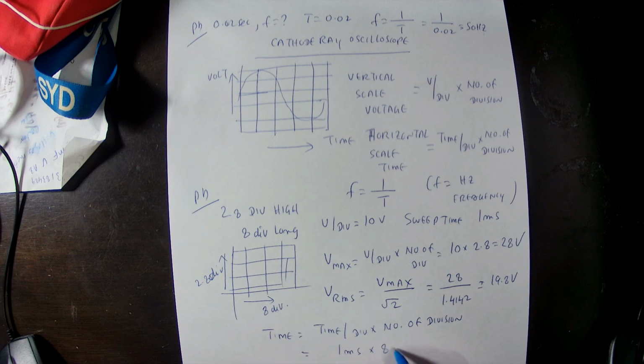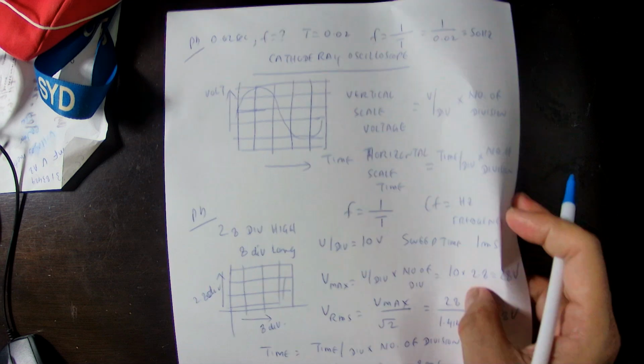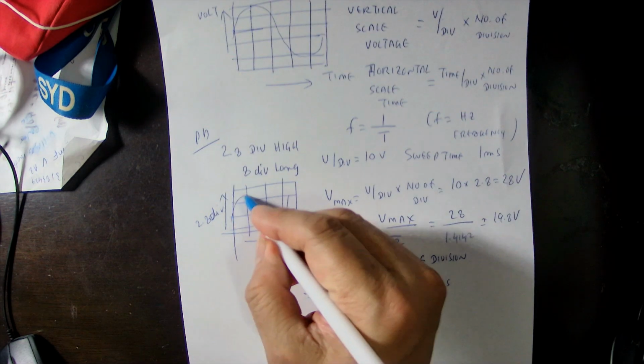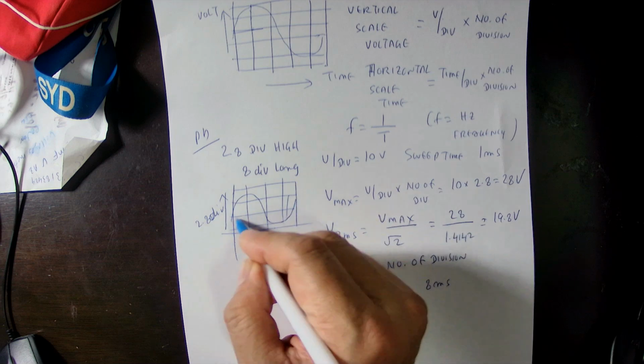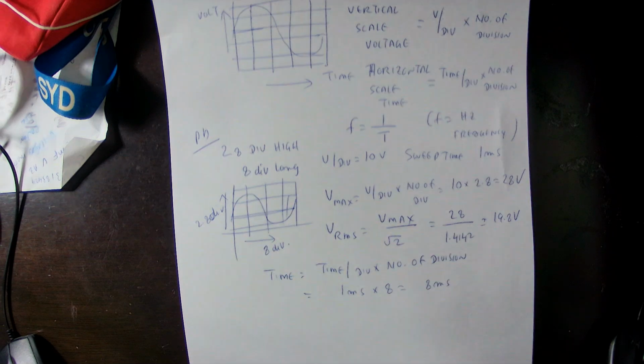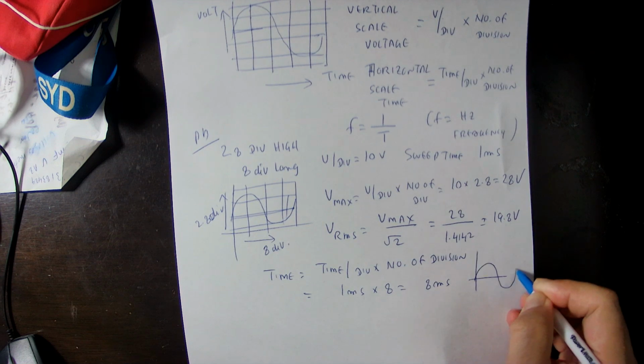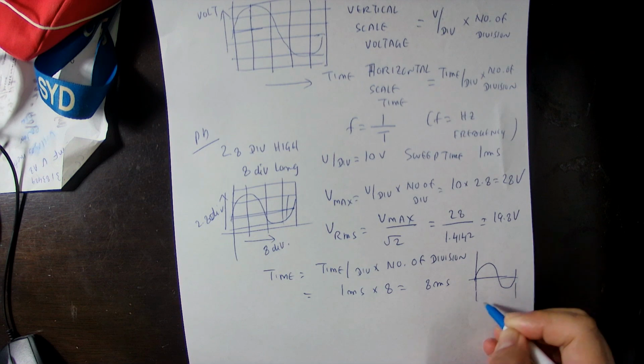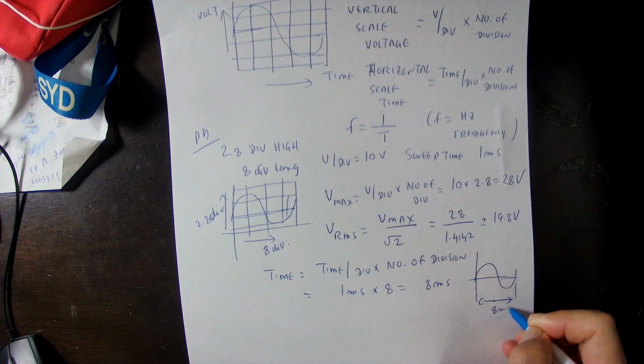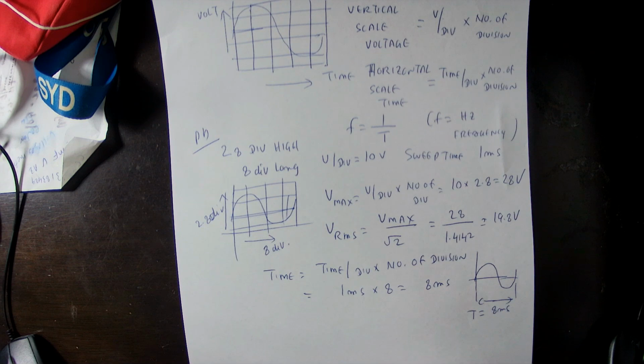So this is 8 milliseconds. Time is 8 milliseconds. This means this waveform is taking 8 milliseconds to complete one cycle. Here to here is taking 8 milliseconds. So this is the T, 8 milliseconds.